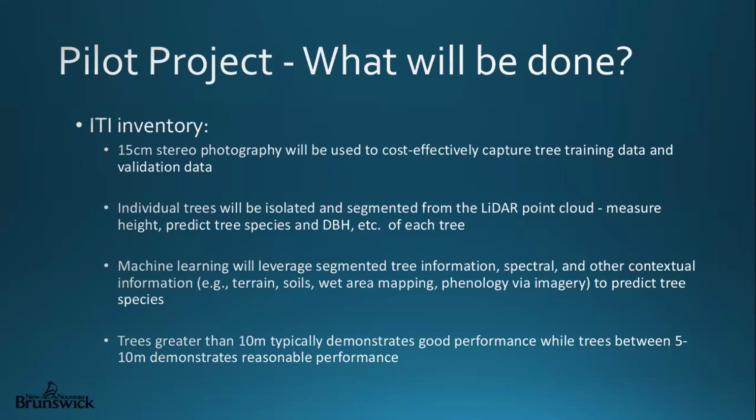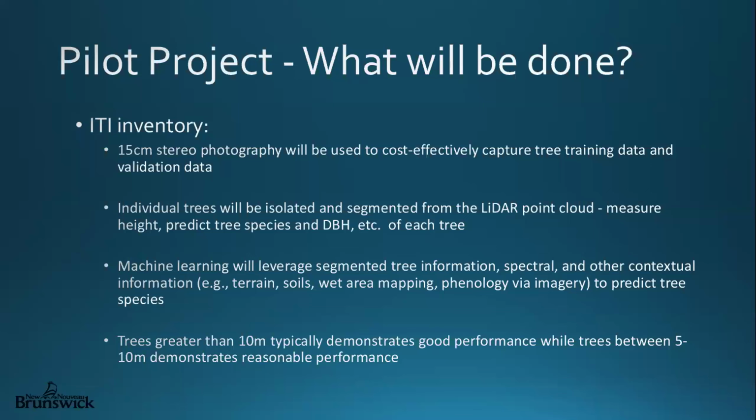So yeah, there's a lot going on, a lot of information that's going to be used to help do the prediction of the tree species, relative to leveraging wet area mapping, perhaps phenology via imagery, our soils information. So we're curious to see what things are going to be leveraged to help determine that tree species prediction.